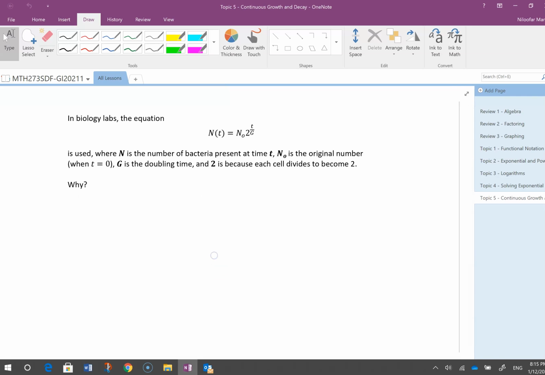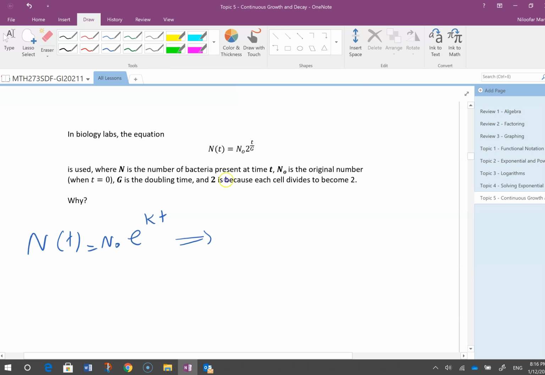Let's start from nt equals n0 e power kt. How do I know it's positive? Because it's a doubling time. I want to reach that formula. I don't want you to memorize it, so I show you the reason, but you do not need to memorize the reason. Try to understand. What is g, the doubling period? g is ln 2 divided by k, do you remember?